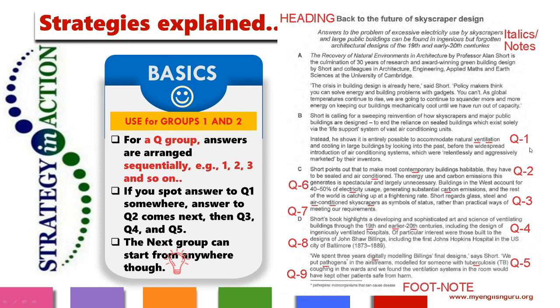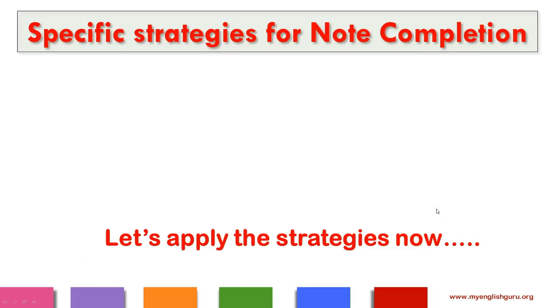For example, yes, no, not given is 1 to 5, and then 6 is for, say, filling the blanks. Now this particular group would be given in ascending order, and then again the next group, the first question, is your challenge. You have to find out where the answer to the first question lies. So once you get your first answer here, then second, third, fourth, all will be coming sequentially. So that is called ascending order.